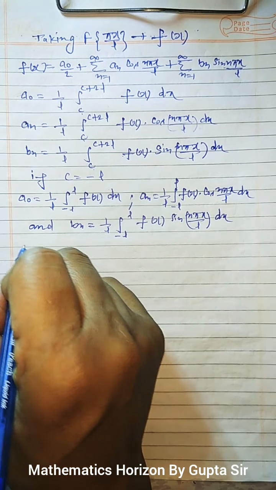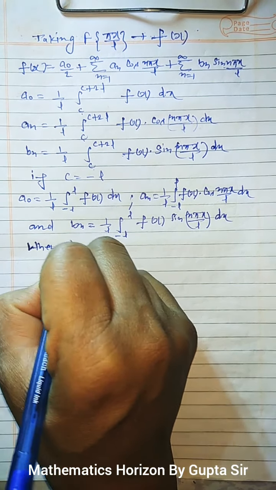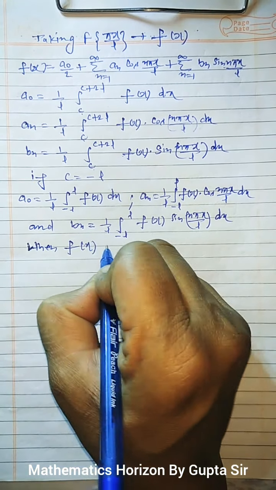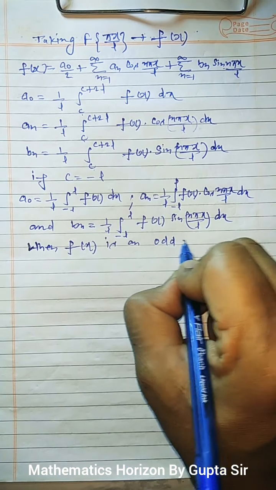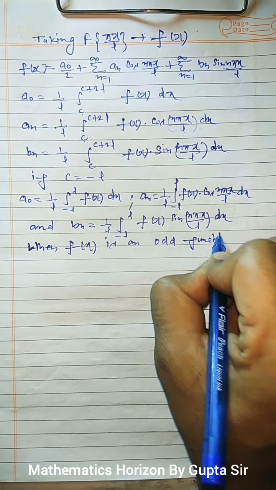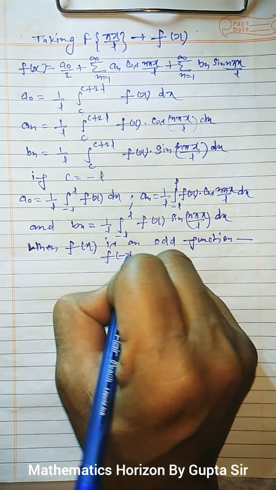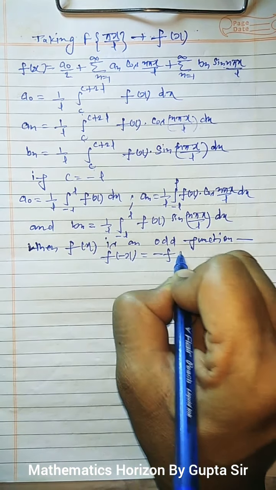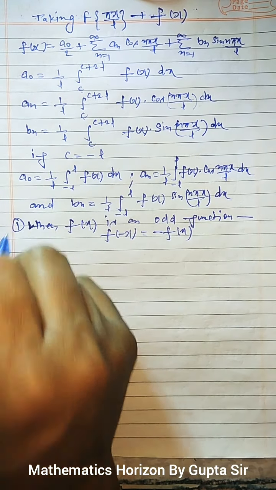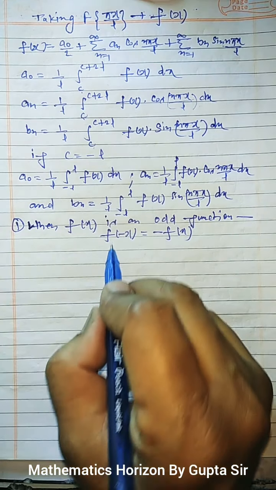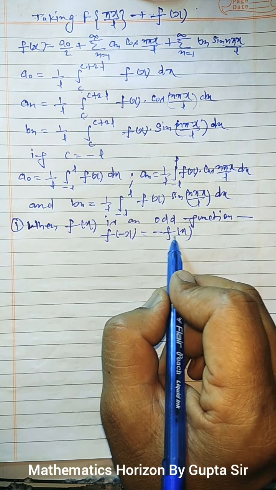When f(x) is an odd function, that is f(-x) equal to minus f(x).